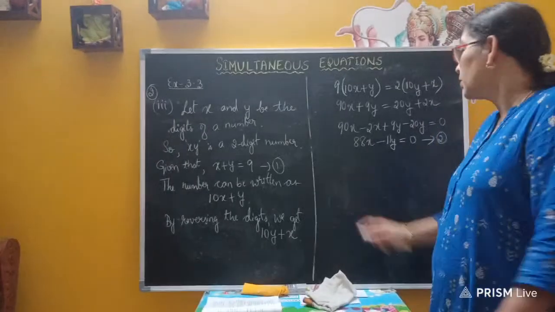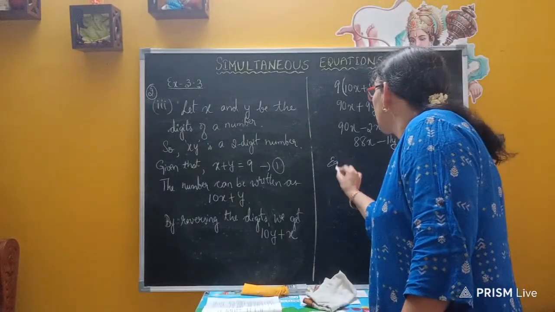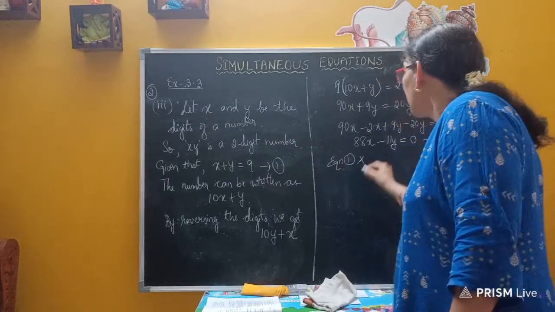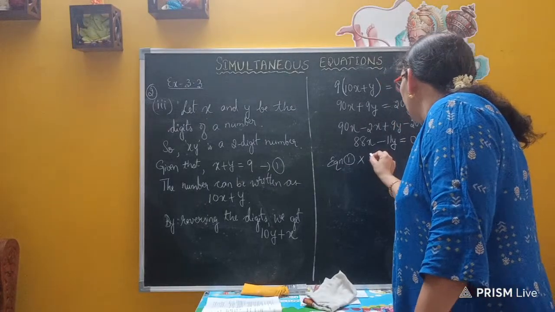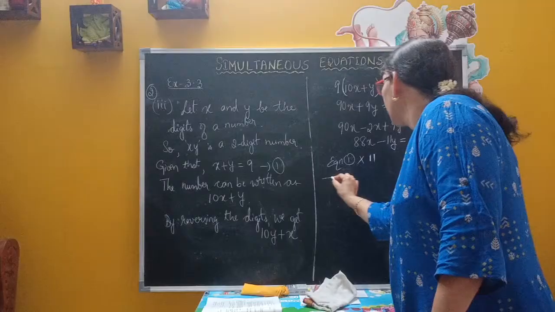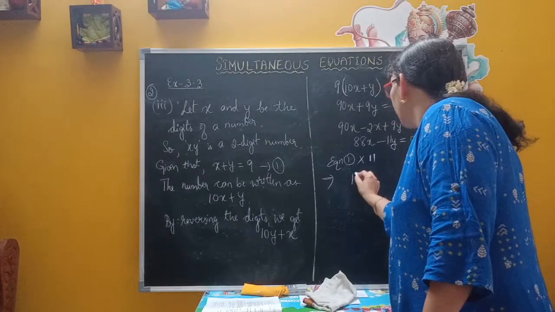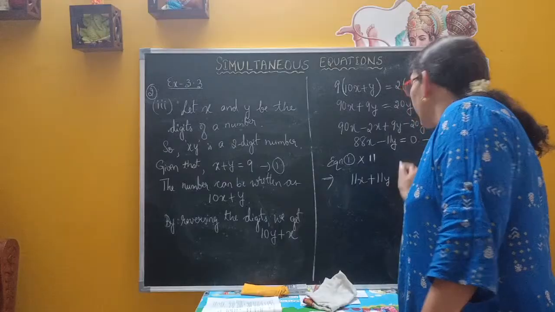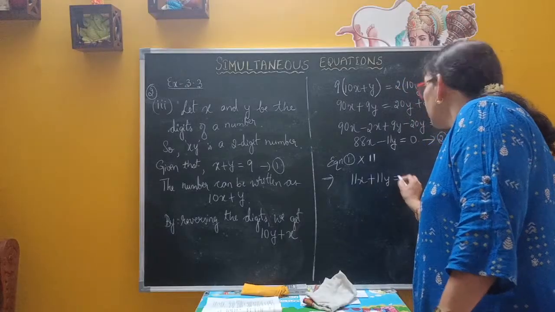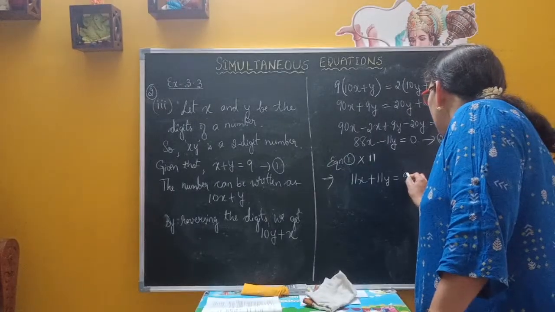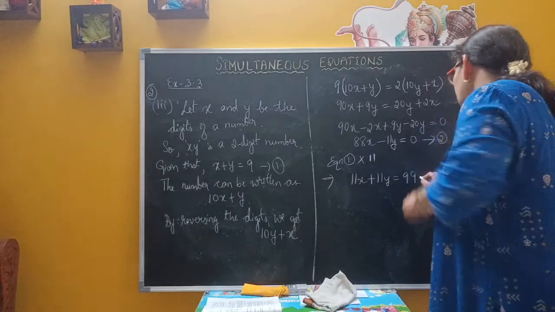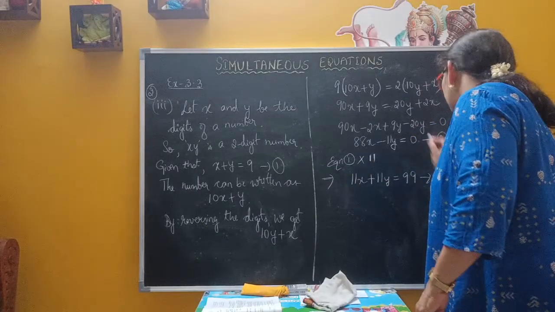So equation 1 into 11, I get 11x plus 11y is equal to, 11 nines are how much? 99. Now let us consider this as equation 3.